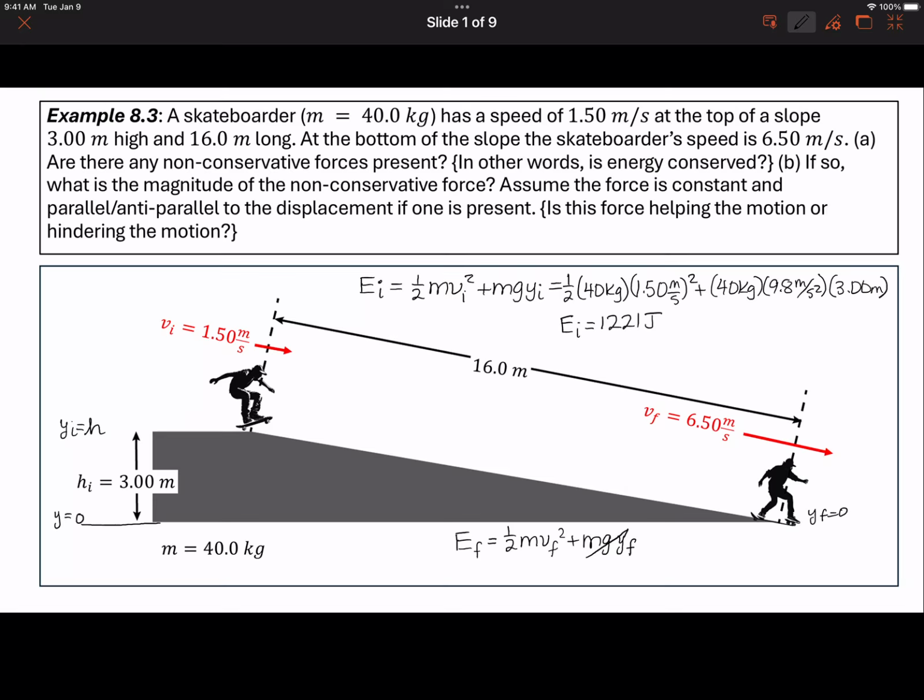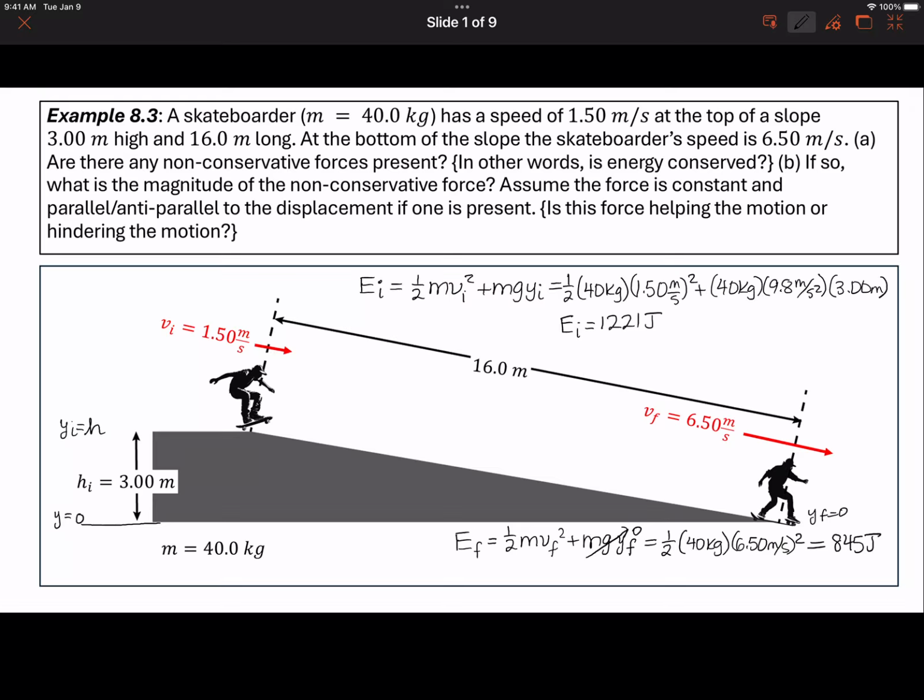So we don't have any potential energy. All we have is kinetic. So this would be 1/2 the mass, which is 40 kilograms, times the speed at the bottom, which is 6.5 meters per second squared. And when I plug in those values, I get 845 joules.